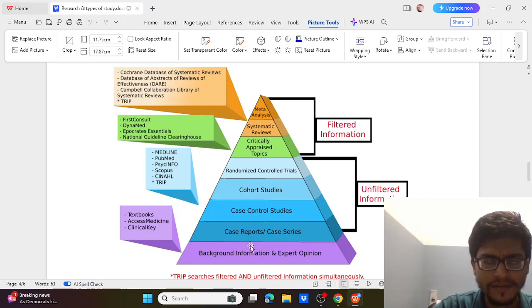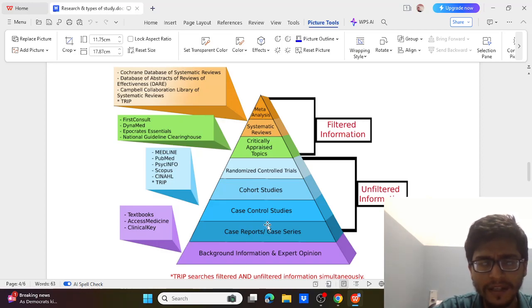This is the research pyramid we can say, in the increasing order of the quality of data or quality of evidence. So the lowest one is the background information and expert opinion. And what does this include? These include textbooks and resources from Access Medicine and Clinical Key. So this is the very basic data.